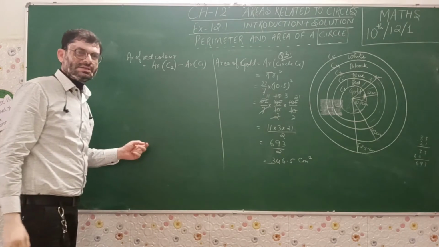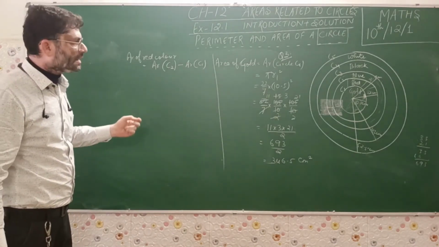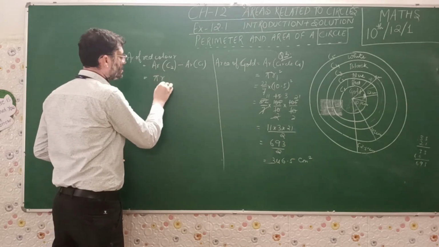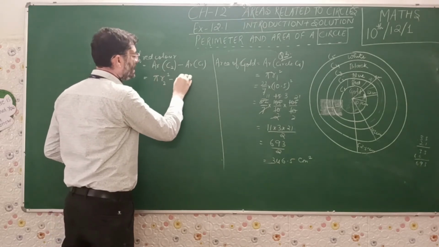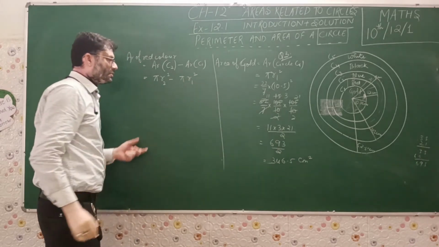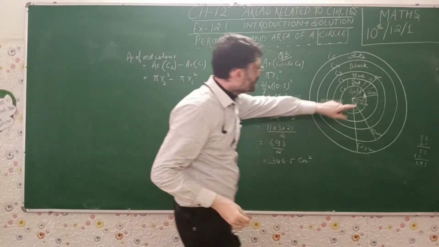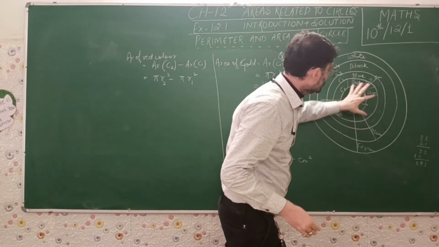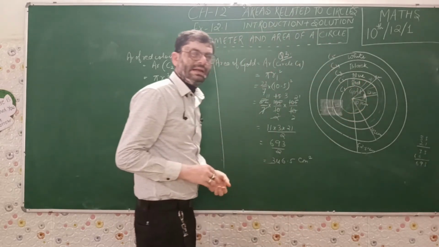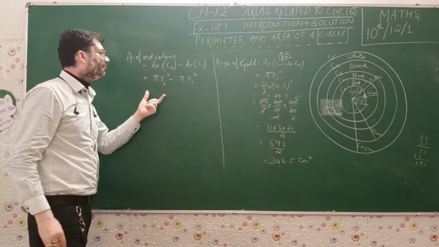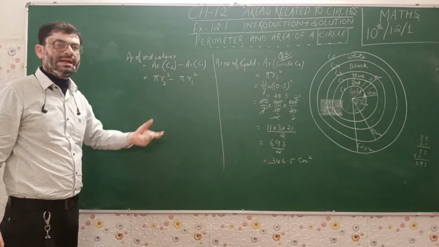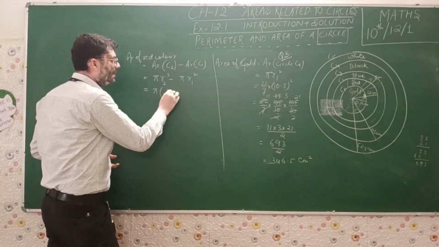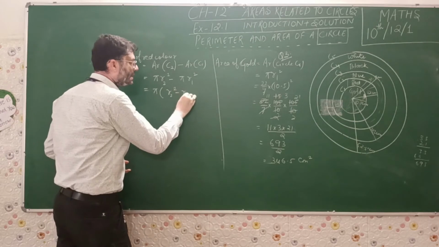This can be written as pi r2 square minus pi r1 square. The middle part is the red color, so we get the area of red as pi r2 square minus pi r1 square. If you take out pi common, it is pi times r2 square minus r1 square.